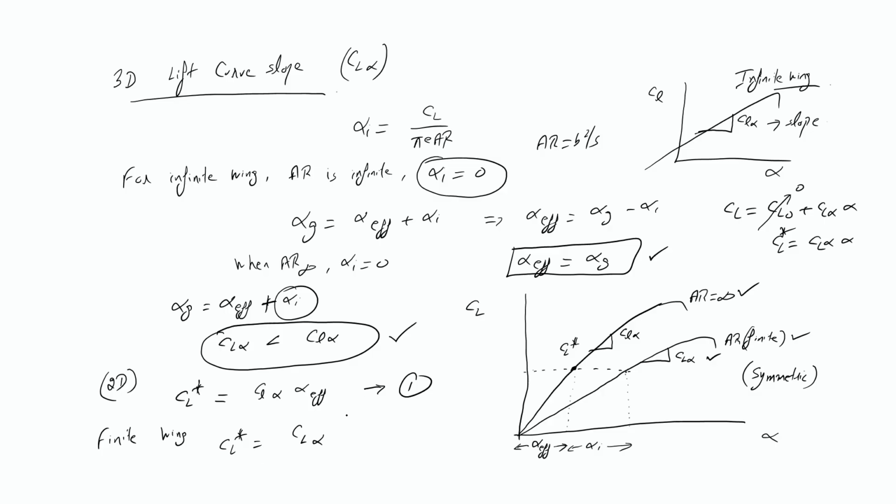So here alpha will be increased by the induced angle of attack: alpha effective plus alpha I. Okay. Right. Now what is alpha I? Alpha I we actually calculated. We know already alpha I is Cl by pi e AR, and Cl we considered here as Cl star. Okay. Now what is the unit of this alpha I?